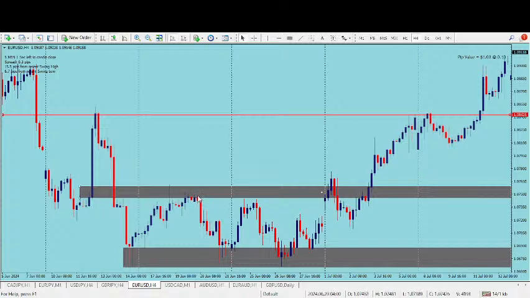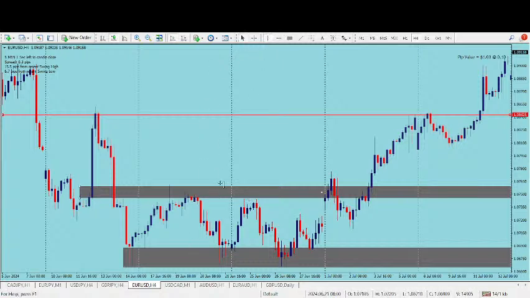We then look for an opportunity to enter our selling trade and target this area as our profit. And once it gets to this area, we look for another opportunity for a buying trade and also target this area.